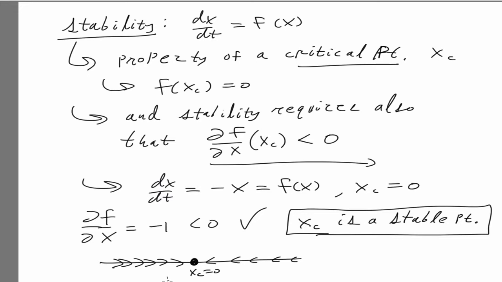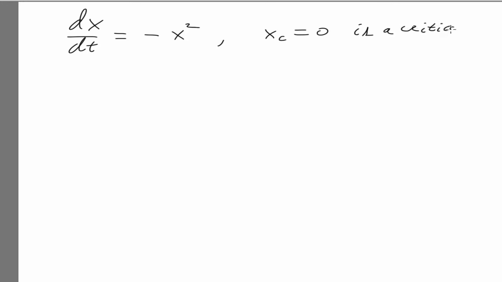Now let's look at another example. Let's try dx dt is equal to negative x squared. Just like before, xc is equal to 0 is a critical point. Now f of x is equal to negative x squared, and the derivative with respect to x is going to be negative 2x.